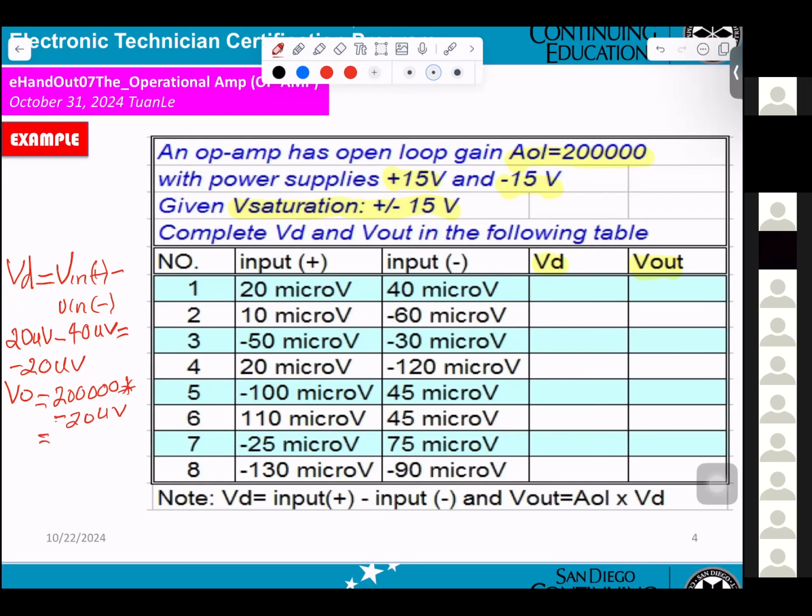Let's see, 200,000 times 20 equals, you get minus 4.